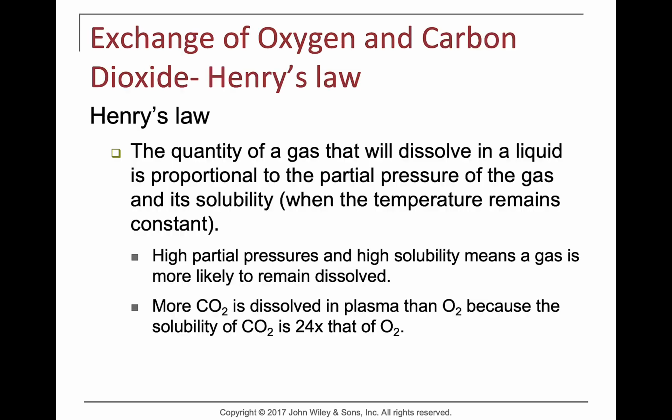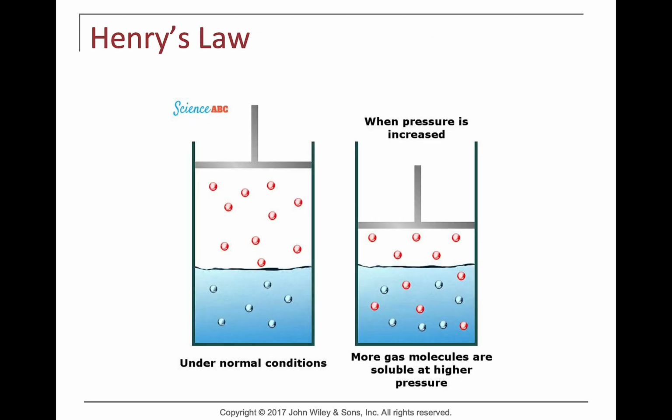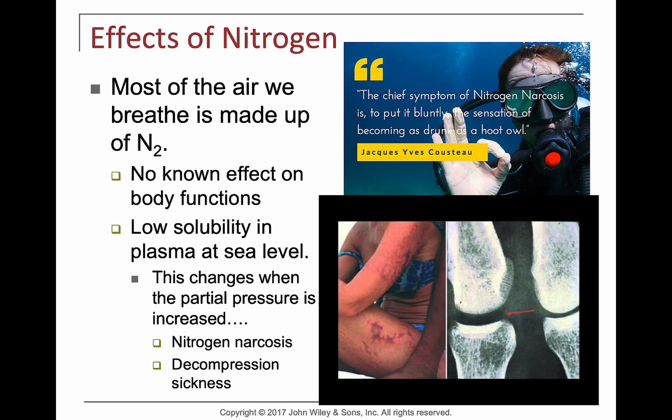It's not very soluble. Now, obviously, this will change if we're scuba diving and breathing compressed air below sea level, where we are increasing the partial pressure of nitrogen, which means that we can force it to dissolve in blood, force it to dissolve in liquid. So there are physiological changes if we force more of that nitrogen to dissolve in blood.